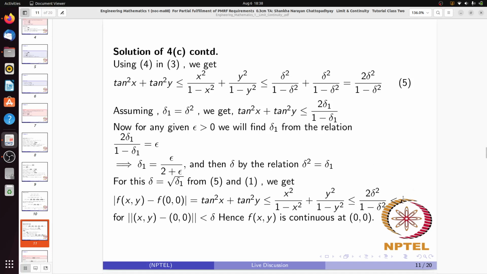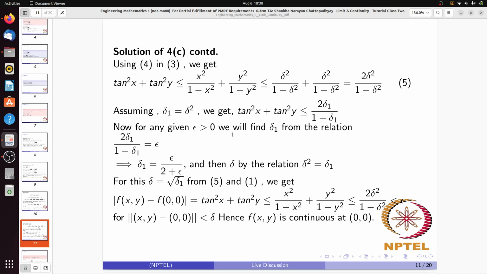So whenever the norm of (x,y) minus (0,0) is less than delta, modulus of f(x,y) minus f(0,0) is less than epsilon. So f(x,y) is continuous at (0,0). That is how, by the epsilon delta definition, we conclude the continuity of the function f(x,y).